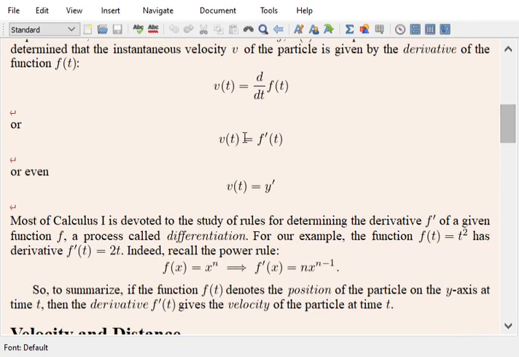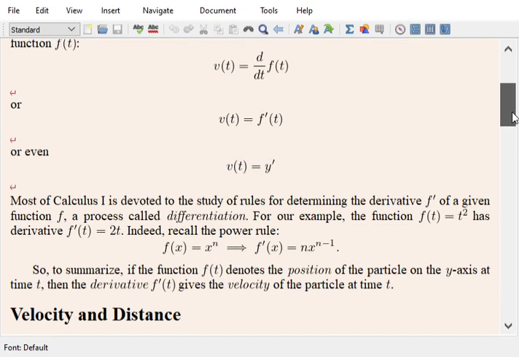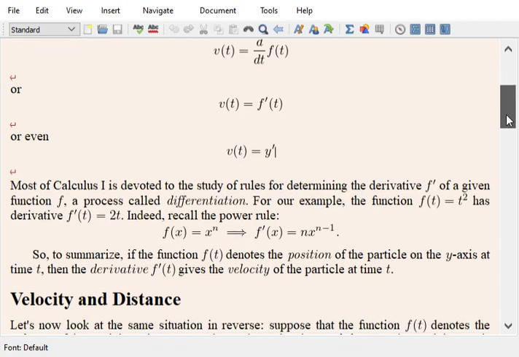Just recall, we have a number of notations for the derivative. We could say d by dt, where this down here is whatever variable is inside the function. I prefer just using a prime, or even y prime, if you want to be really, really space conscious. I'm probably going to try using this notation for the most part, just f prime.